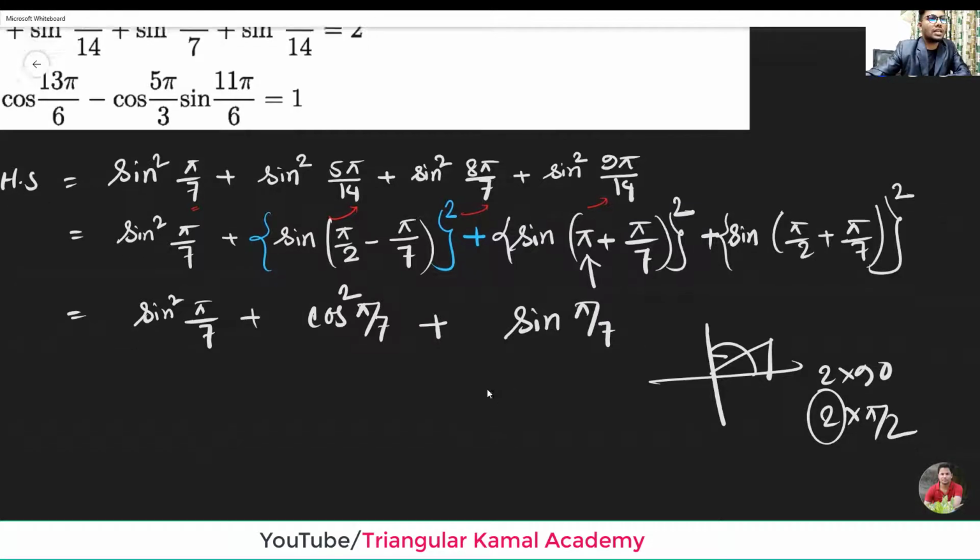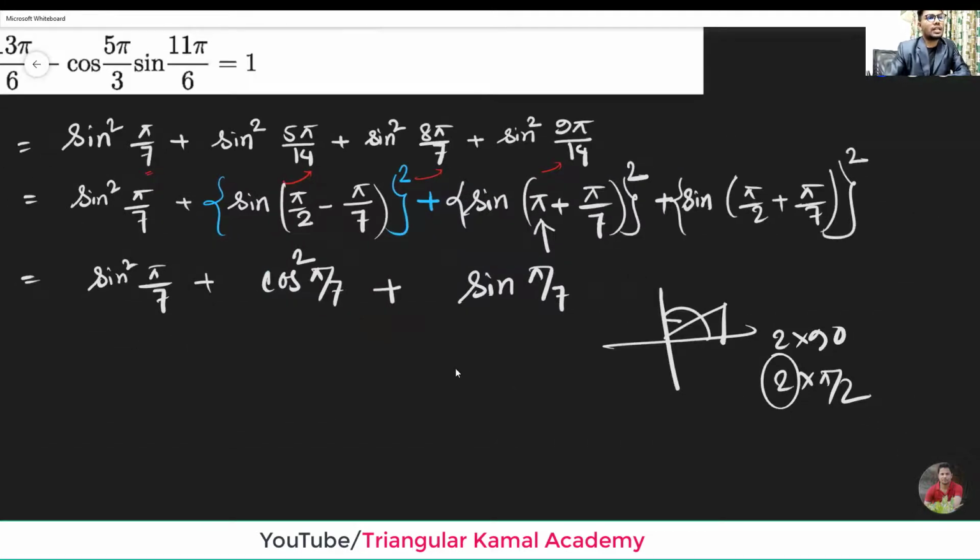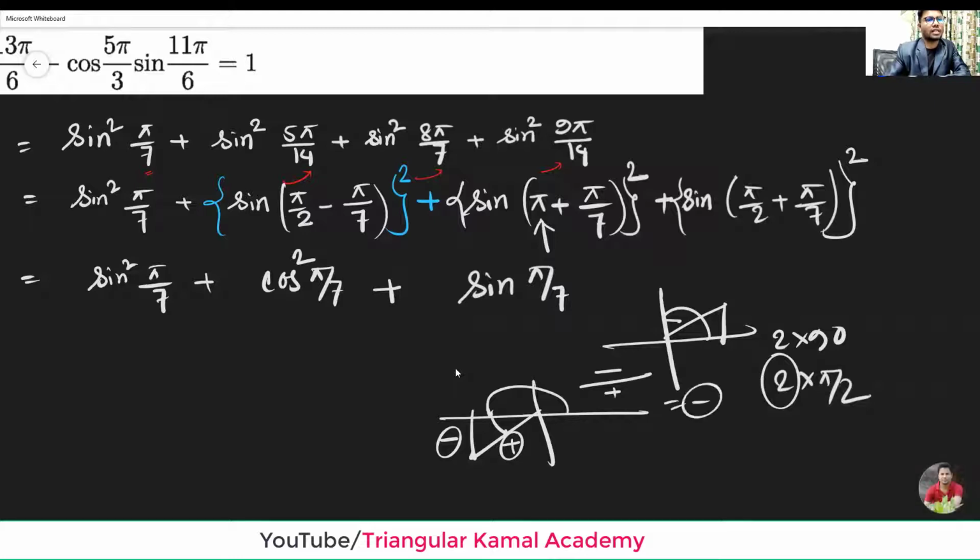Now give attention to the positive or negative sign. 180 plus something, that means third quadrant. In the third quadrant, the sign of the opposite side is minus, and the hypotenuse is always plus. So minus divided by plus equals minus. That means in the third quadrant this angle's sign is always negative, so we can give minus here and then square in the second bracket.